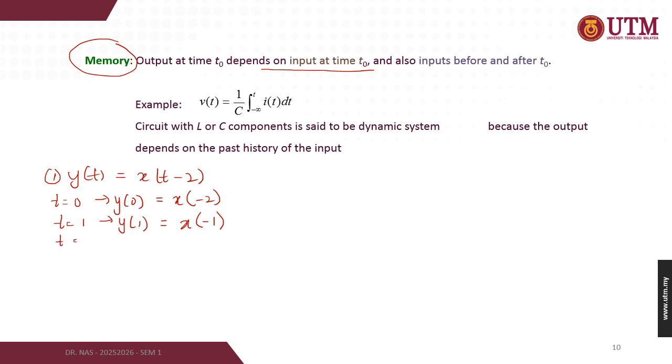If t equals negative 1, y(negative 1) equals x(negative 3). So the output of the system at t equal to 0 depends on the input at the past state, t equal to minus 2. Same goes for these other values. Therefore, the system is a memory system, also known as a dynamic system.